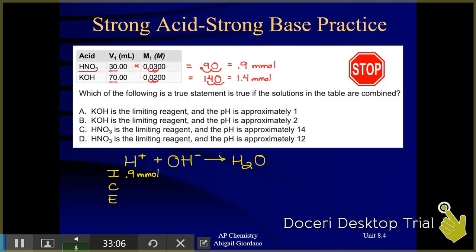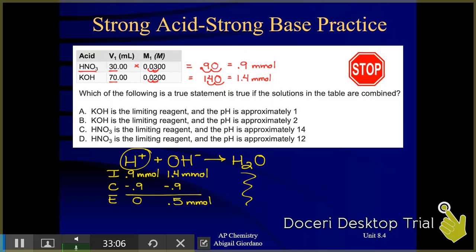So let's fill that in our ICE table. See, the math is not as hard as you think it is. Okay, I can see this is going to be my limiting reactant. That's going to leave me with some excess hydroxide.